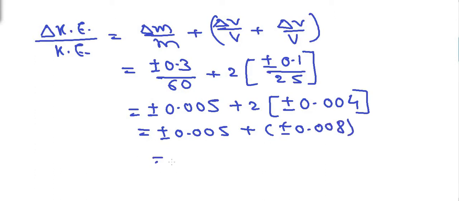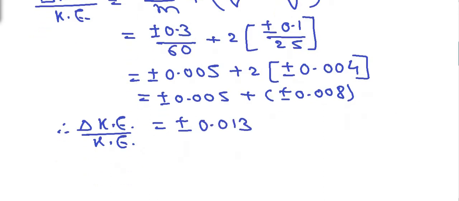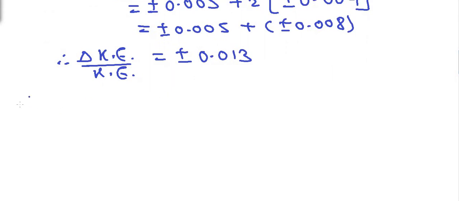Now adding these two we get, therefore relative error in the measurement of kinetic energy is equal to plus or minus 0.013. Now to find percentage error, we have to multiply relative error by 100.